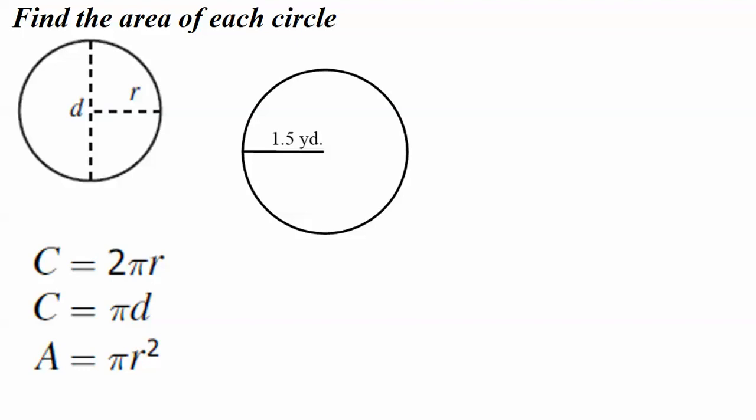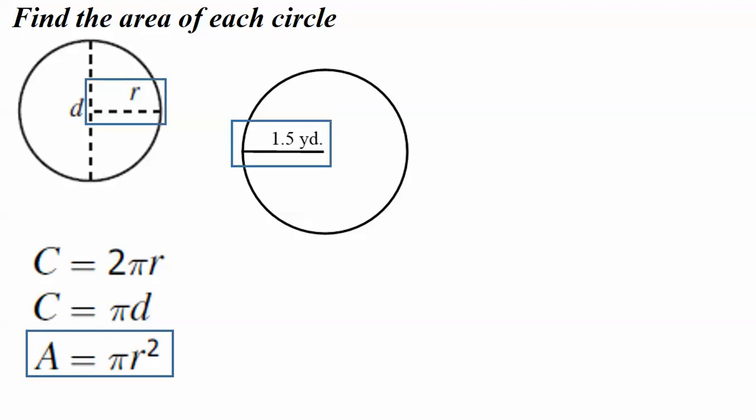In this circle, I see that I'm given a radius, because this 1.5 yards goes halfway across my circle, and I see that my area is pi times radius squared.